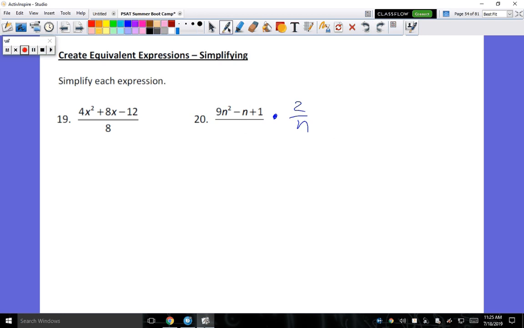Any other suggestions? Can I factor this piece right here? Can I factor that? Let's think about it. The first will multiply to get 9n squared. Could be this. The last 2 numbers will multiply to get 1.